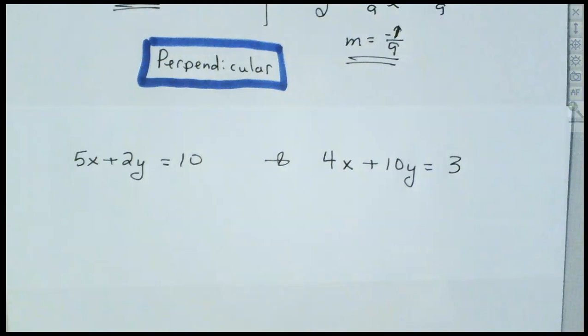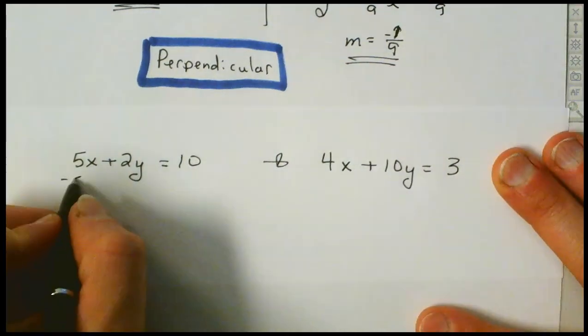Okay, now these are going to be neither. I'm going to show you why at the end. So let's go ahead now and take each one, solve it for y, get our slope. Now remember, for them to be perpendicular, what do they have to have? Opposite signs and reciprocal slopes. One has to be positive, one has to be negative, and they need to be reciprocals.